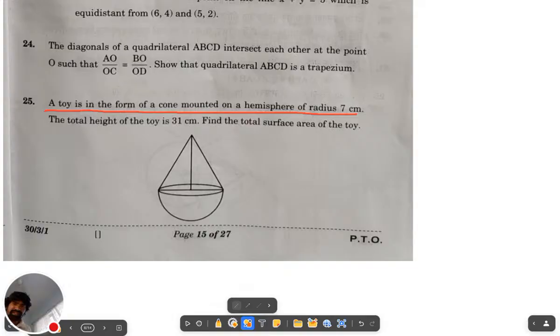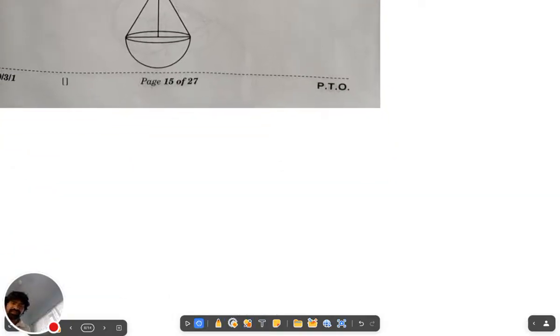A toy is a cone on a hemisphere, right? Cone is on hemisphere.